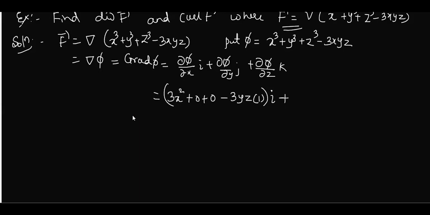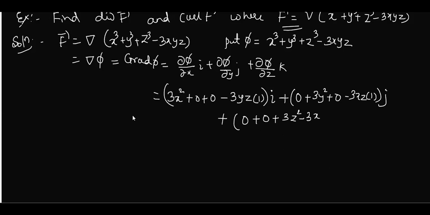Similarly, with respect to y: 0, y cube becomes 3y square, z cube becomes 0, minus 3xz constant, remaining y with respect to y is 1, then this j as it is. The last one: x cube is 0, y cube is 0, z cube is 3z square, minus 3xy into 1, into k.